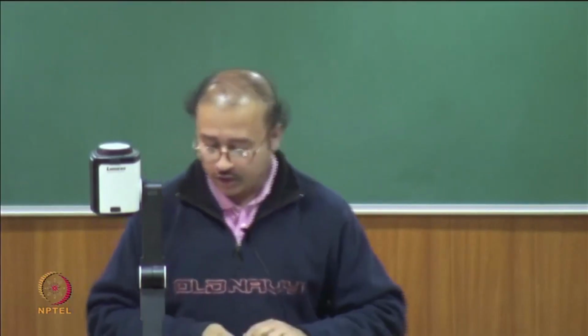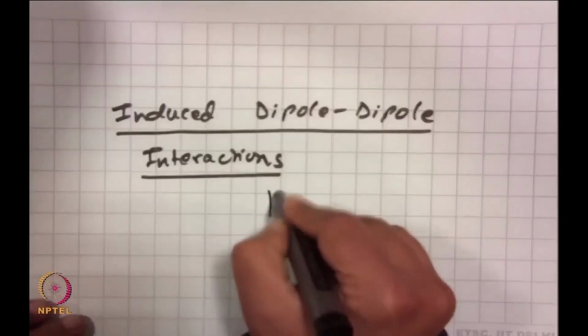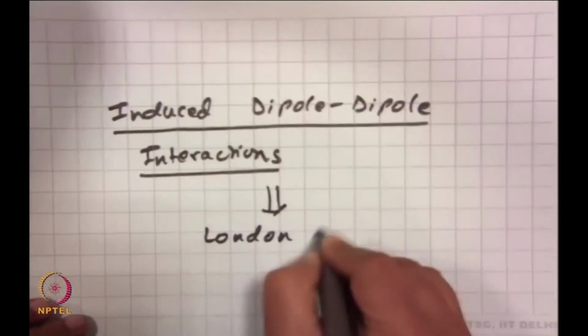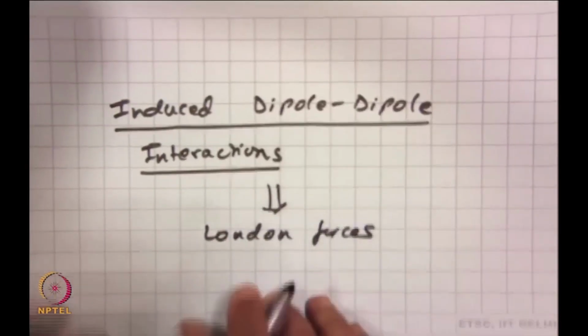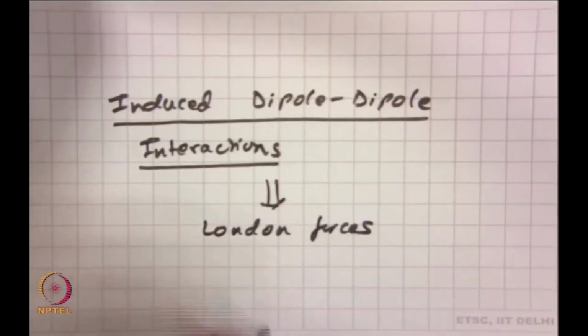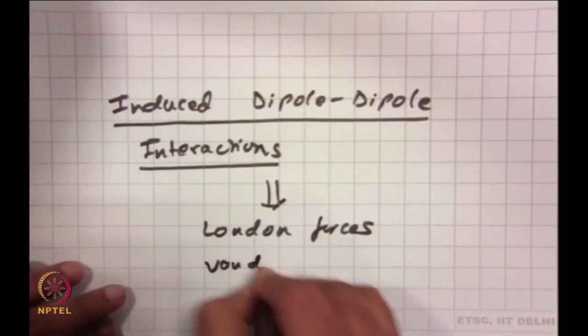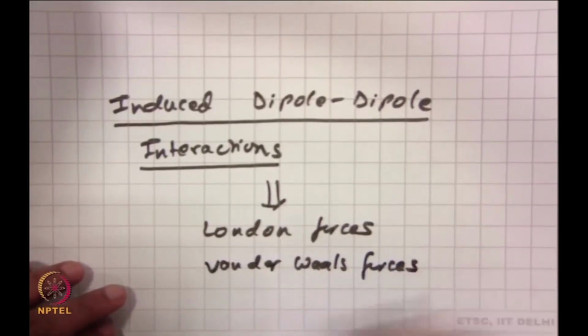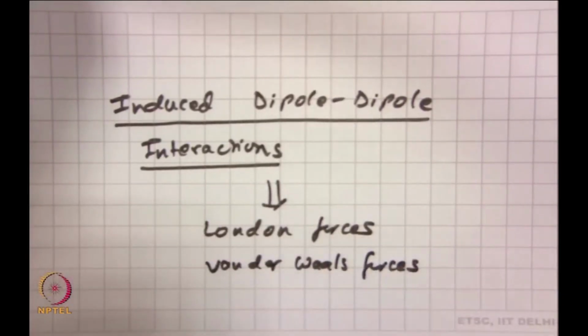So, these are your dispersion forces, also referred to as London forces, and people call this interchangeably Van der Waals forces.